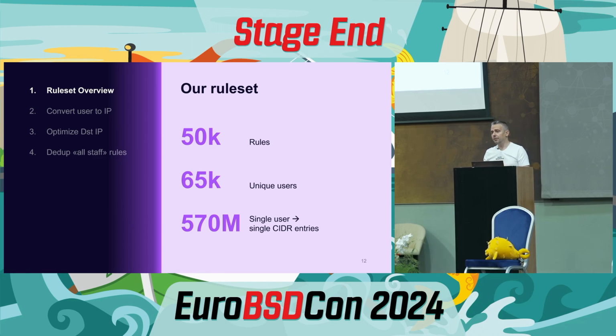We have 65,000 users, and it's growing, both rules and users. And if you combine the individual user accounts and the IP address destinations, you will get that number that was in the title. So 570 million firewall entries in the rule set.